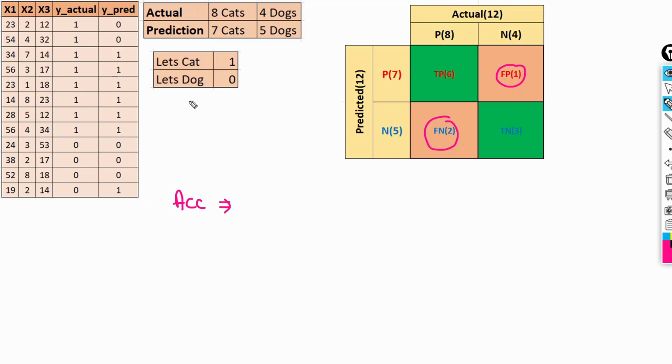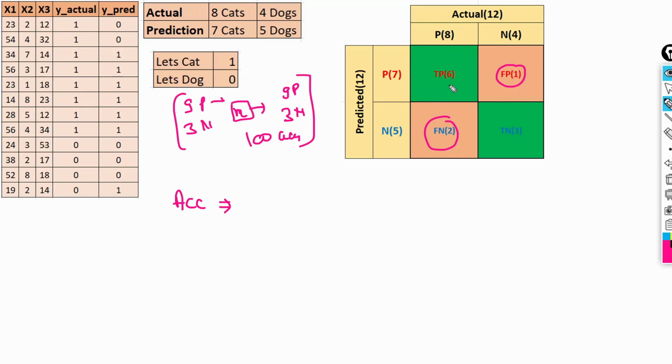Because if we have 9 positive cases and 3 negative cases, and we create one model and our model predicts all the 9 positives as positive and the 3 as negative, we can say our model is 100% accurate. So how can we check the accuracy of the model?